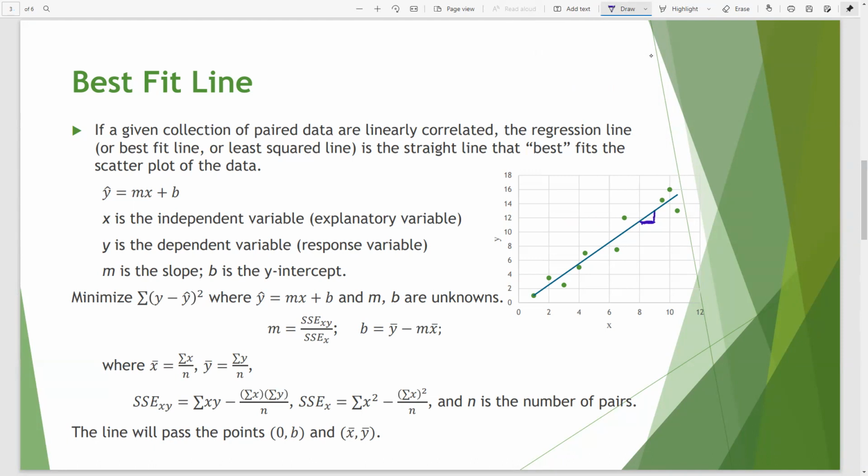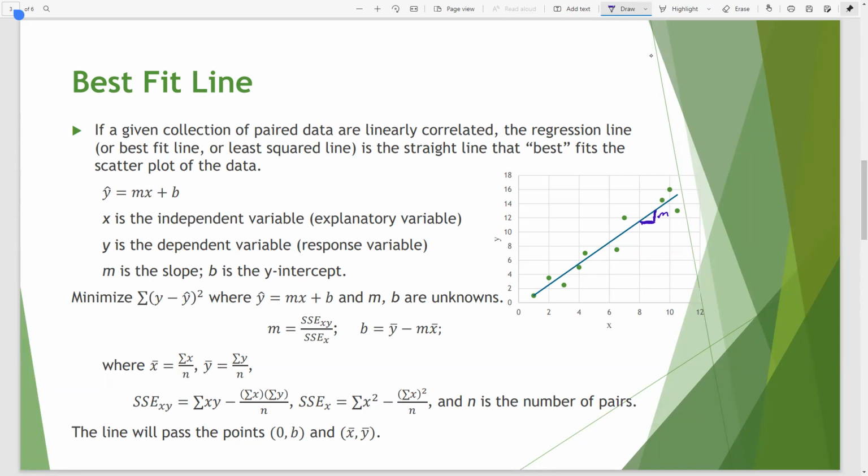And we have m units of the y value expected to change. So that is the slope. And b is the y-intercept, where the line intercepts the y-axis.